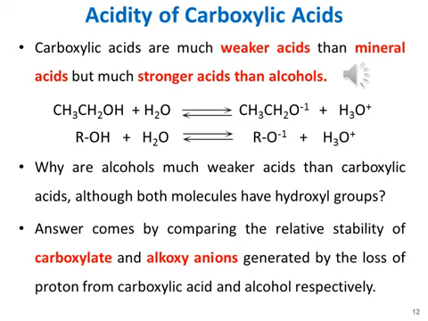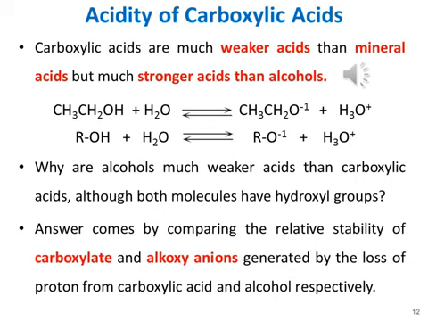Remember that in the case of the carboxylic acid, the carboxylate anion shows resonance. The negative charge is present on the hydroxyl oxygen as well as on the carbonyl oxygen. So it is resonating between these. In the case of the carboxylic acid, the resulting anion is resonance stable, and the negative charge is resonating over 3 atoms: two oxygen atoms and one carbon atom of the carbonyl functional group.